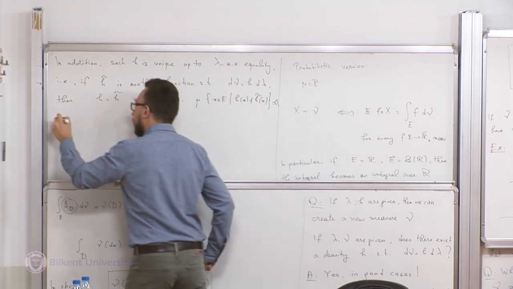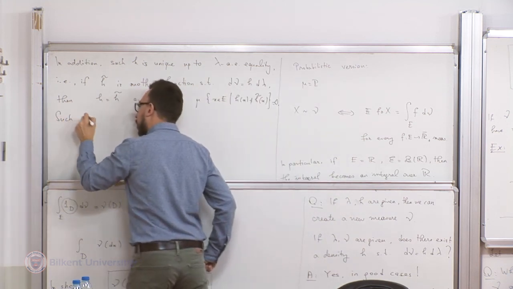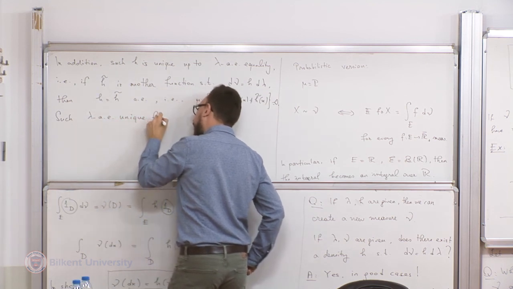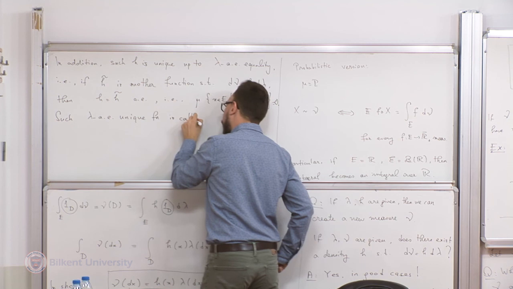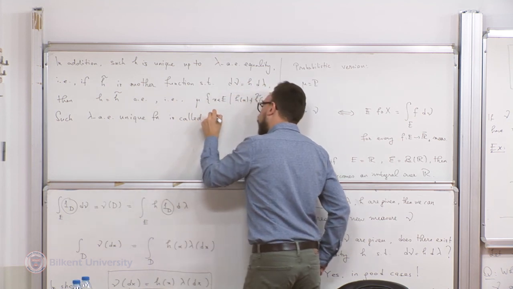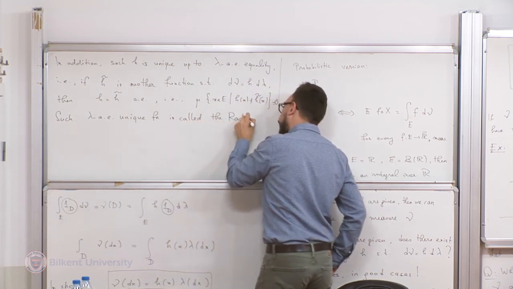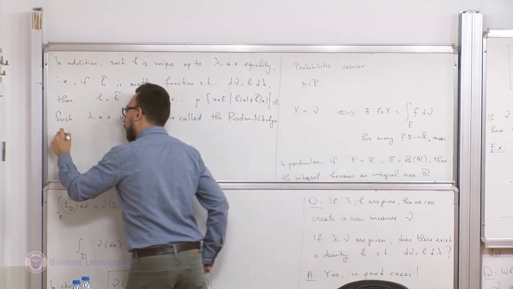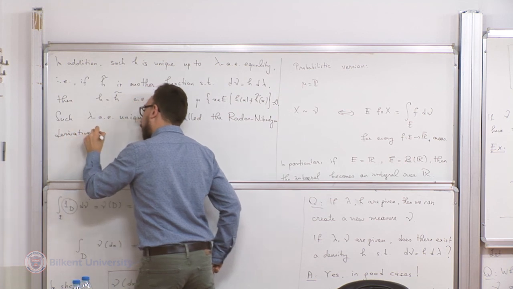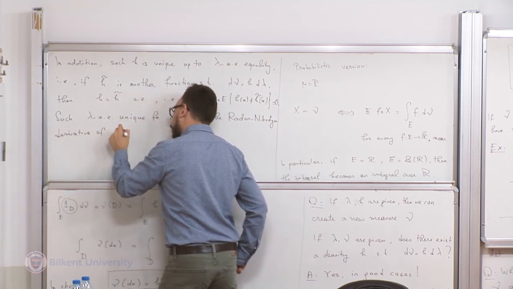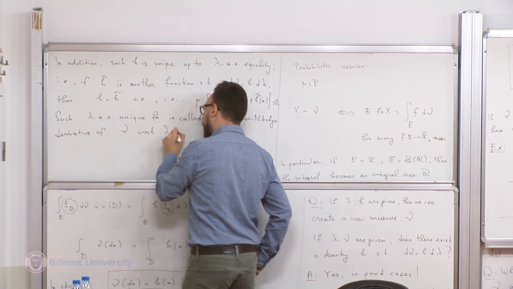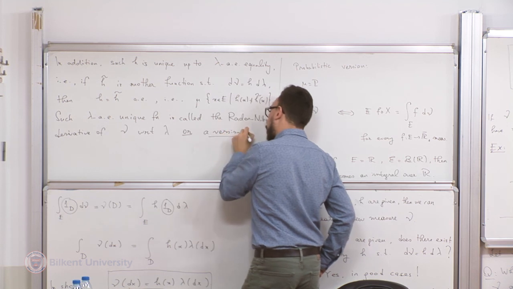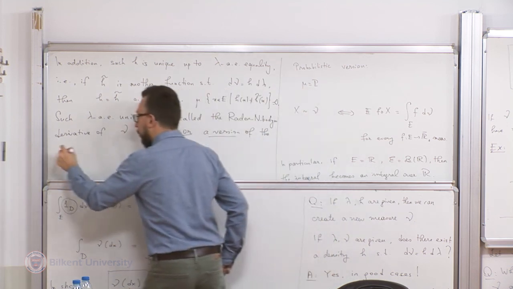So such a lambda almost everywhere unique function is called the Radon-Nikodym derivative of nu with respect to lambda, or a version of the Radon-Nikodym derivative.